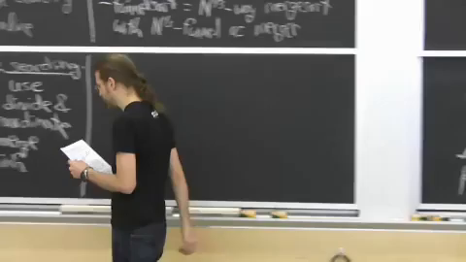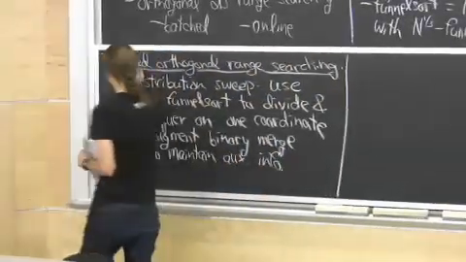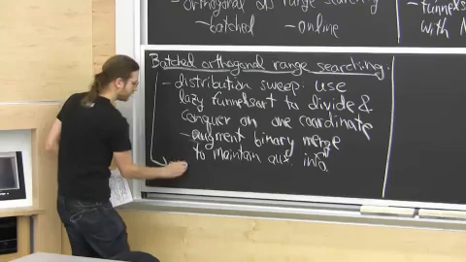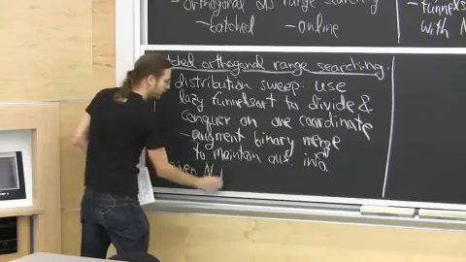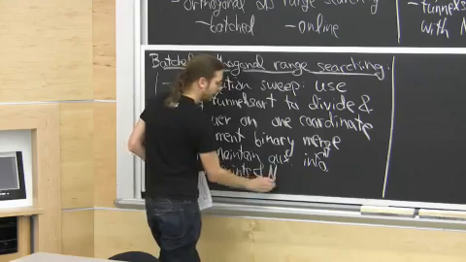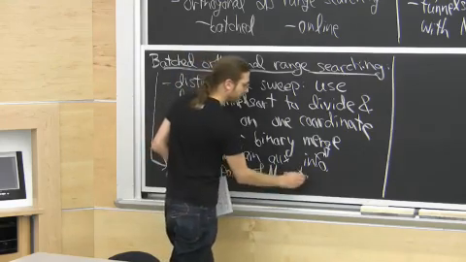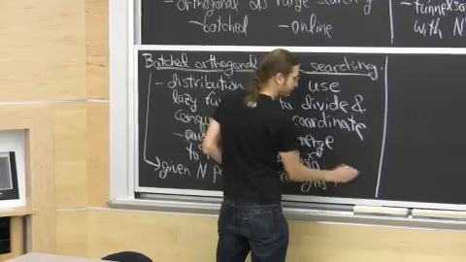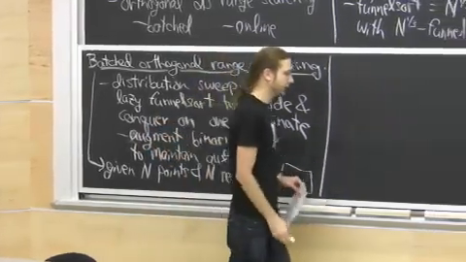That's a problem we've seen. So the actual batched orthogonal range searching is you're given n points and n rectangles, and you want to know which points are in which rectangles. Okay, that's the general problem.